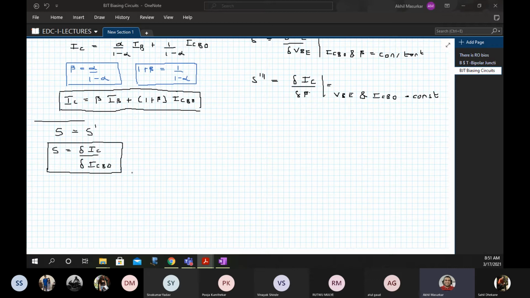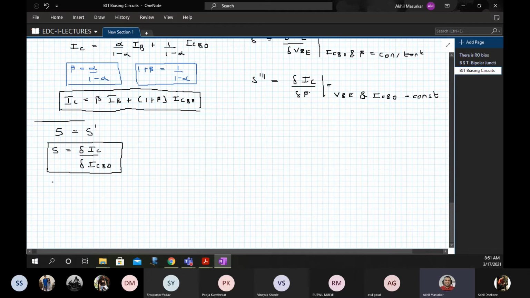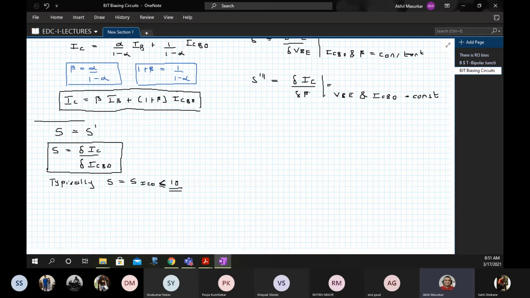That is, there should not be any change in IC with a change in ICBO. But typically, we can write that S, sometimes in the paper they give it as SICO, it is one and the same thing, should be always less than or equal to 10.